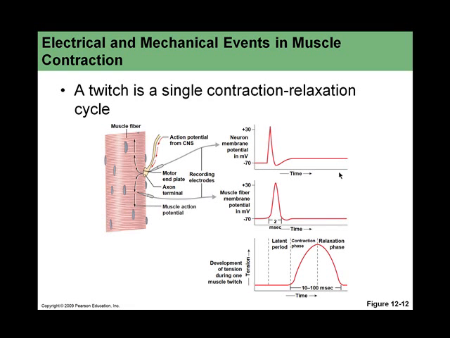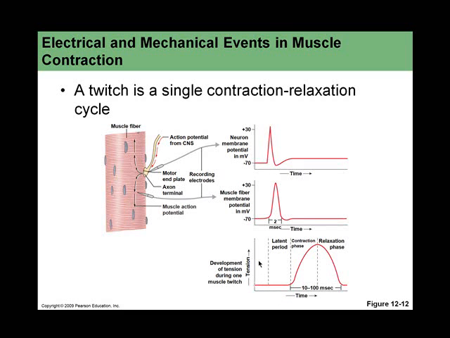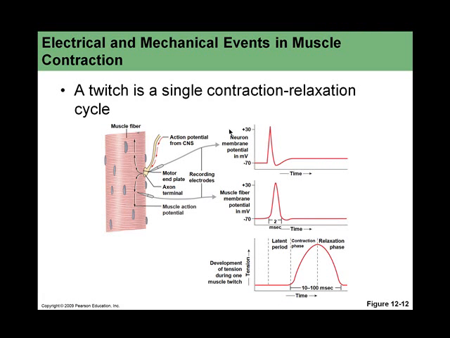So we are following the same time scale on the x-axis for all three of these graphs, and then the y-axis differs. We have the same scale for the upper panel, but that's for the neuron membrane potential, and the muscle membrane potential is shown here. So minus 70 is the resting potential for each of these, but you see that the peak of the action potential is offset by the time period required for the action potential to reach our recording electrode in the muscle cell itself.